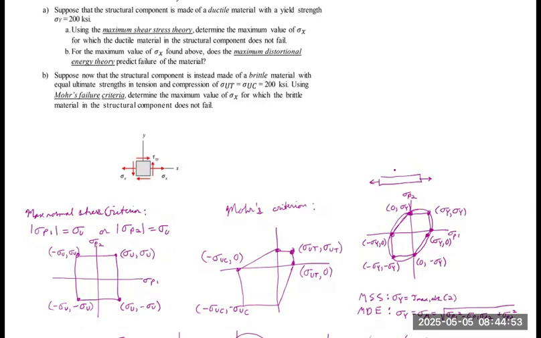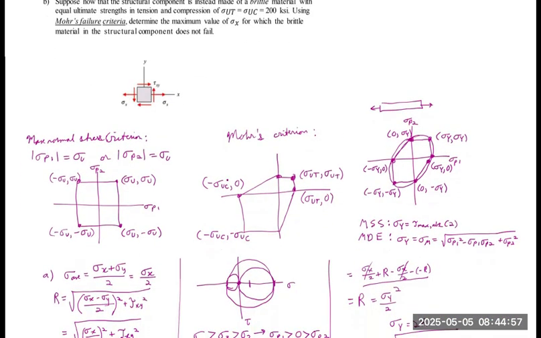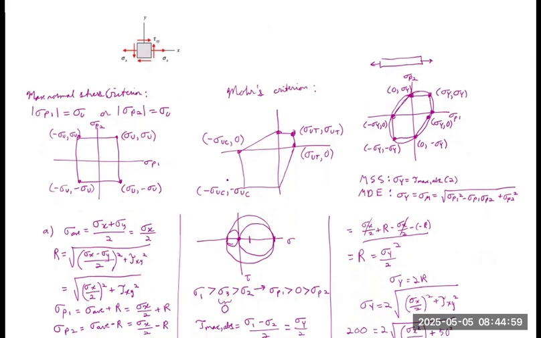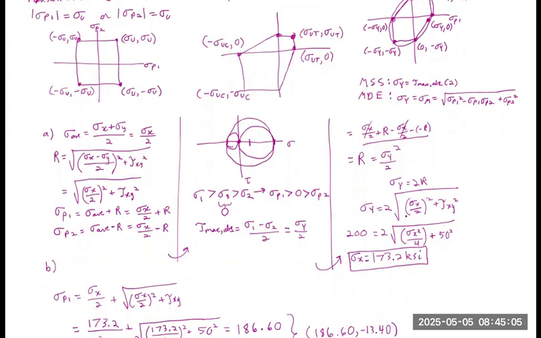Since we found that principal stress 1 and principal stress 2 are of opposite signs, and we don't even need to solve for principal stress 1 and 2, we can just see from our value of R, since R is greater than sigma average, principal stress 1 and 2 are going to be opposite signs.